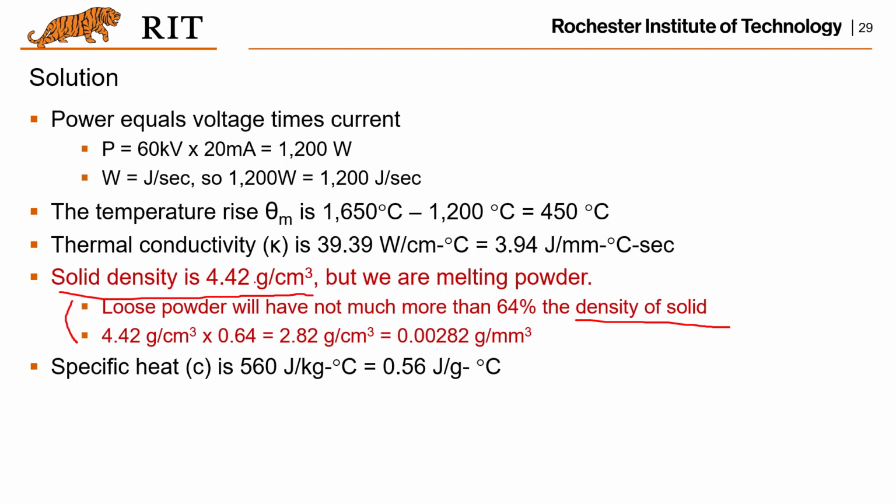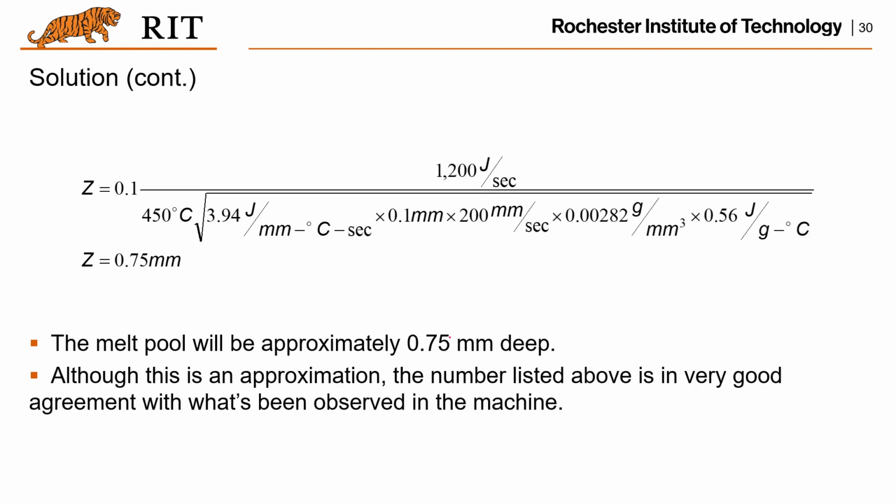That means you can use 64% of this solid density as the powder density to substitute into the equation. And again, you need to be aware of the units during the computation. Here is the result, which is 0.75 millimeter for the melting depth.